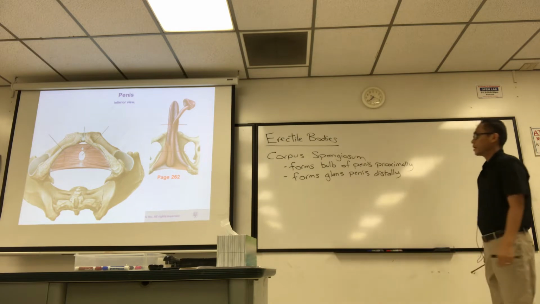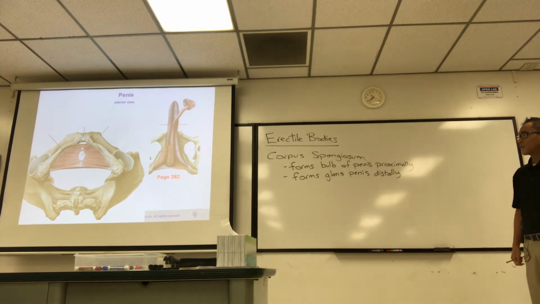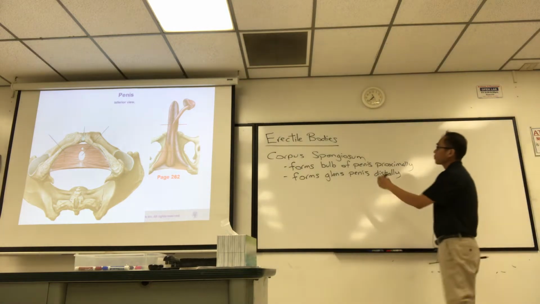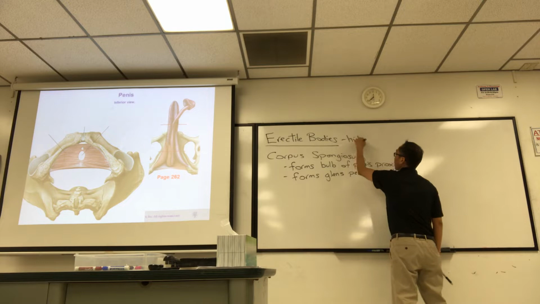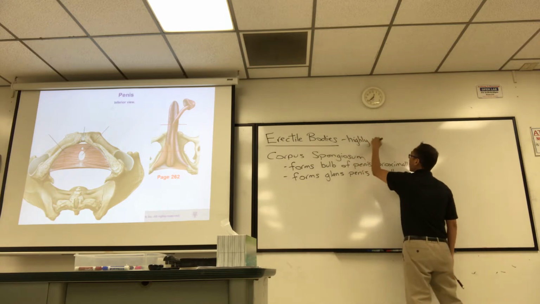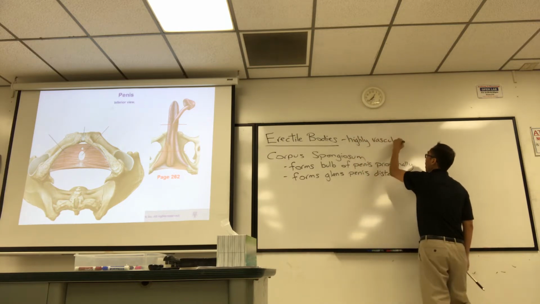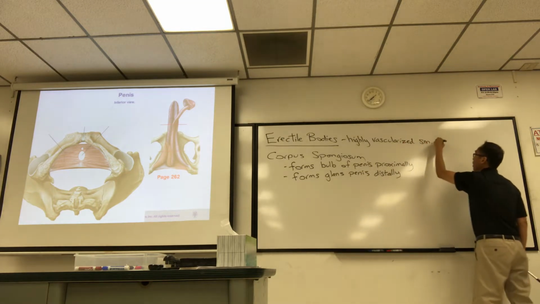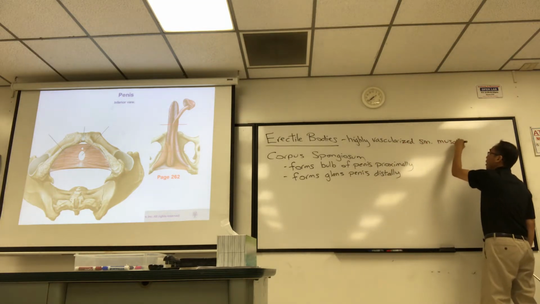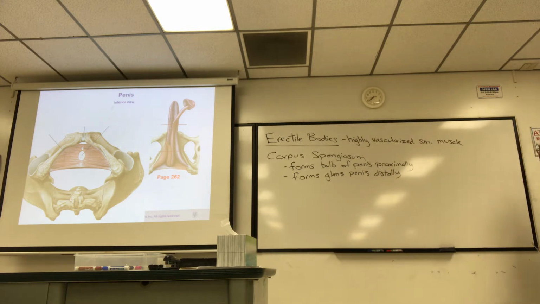Well, I guess I should say, I mentioned this last time, the erectile bodies are highly vascularized smooth muscle. And I teach you these because the erectile bodies become erect during erection.